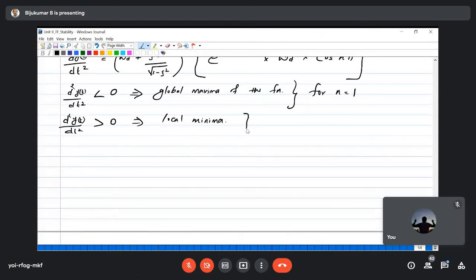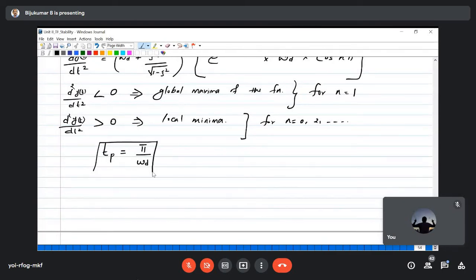And what about the other values? For n equal to 0, 2, etc., what will happen? This term becomes positive, so we will get only local minima. So from this we can conclude that the peak time of an underdamped system is pi divided by omega d.